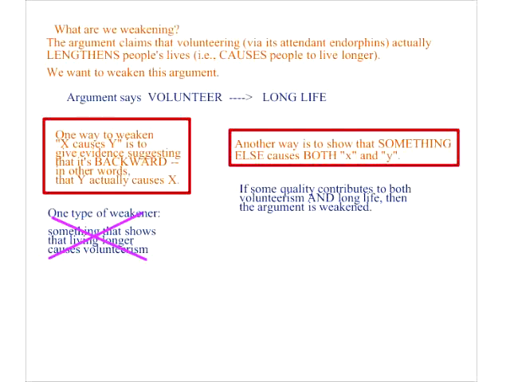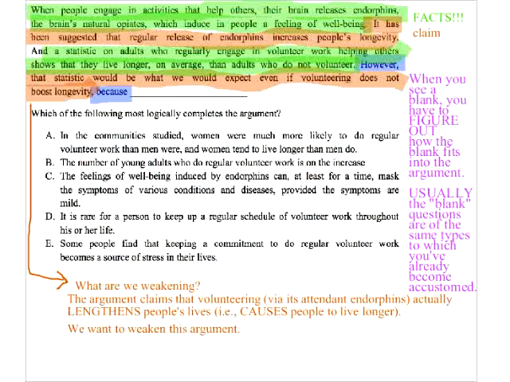So this is the only reasonable way that we can do this, because the thing on the left is not reasonable. So what we need is something that contributes to both volunteerism and long life, and that's what A does.